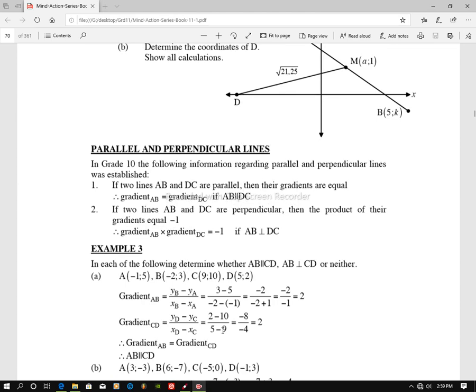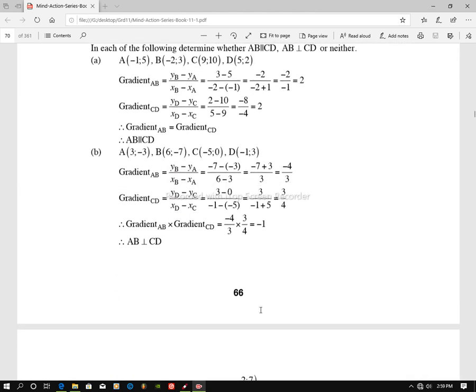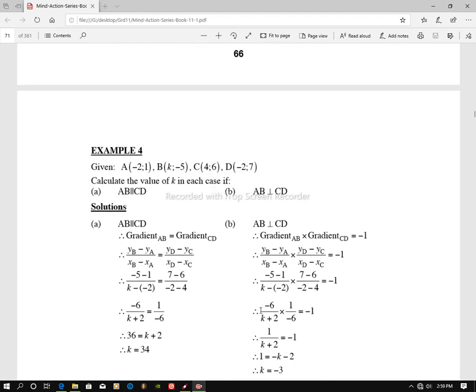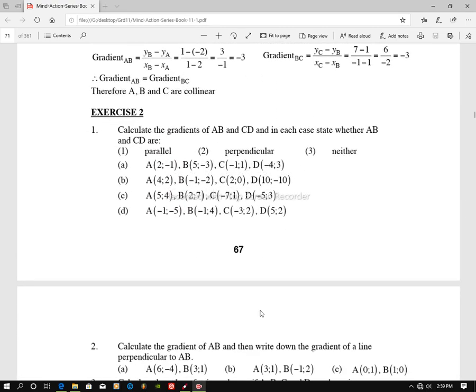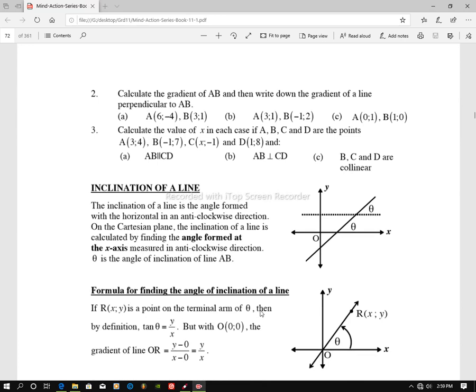Those are the things you must know before you jump into the questions. We also have the inclination of a line, also known as the angle of inclination.